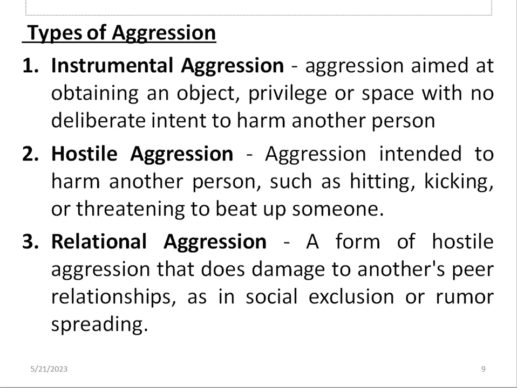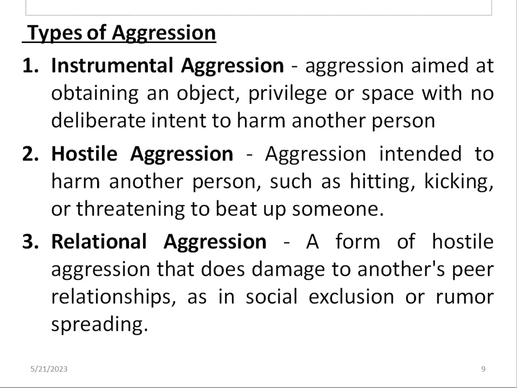The types of aggression that we have are instrumental aggression, hostile aggression, and relational aggression. You can remember these types of aggression using the mnemonic IRH, like integrated reproductive health. So instrumental aggression is aggression that is aimed at obtaining an object, privilege, or space with no deliberate intent to harm another person.